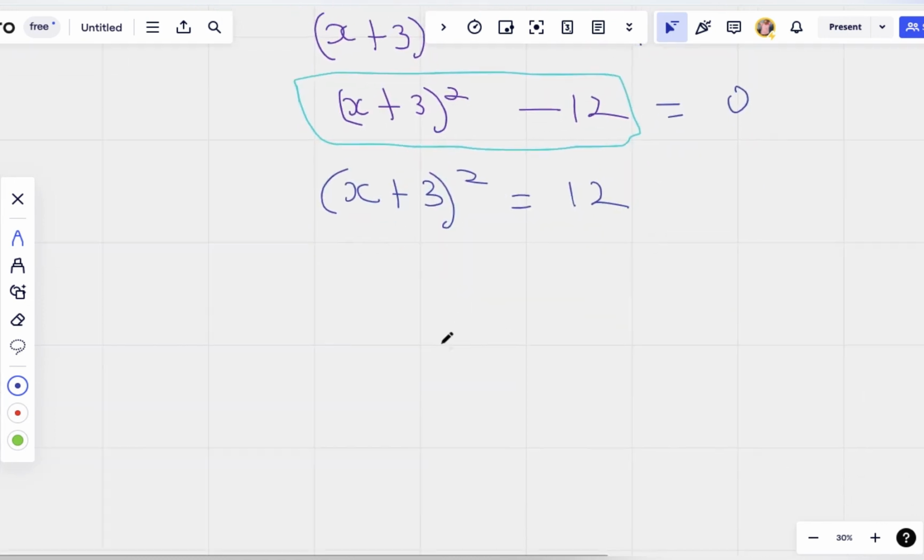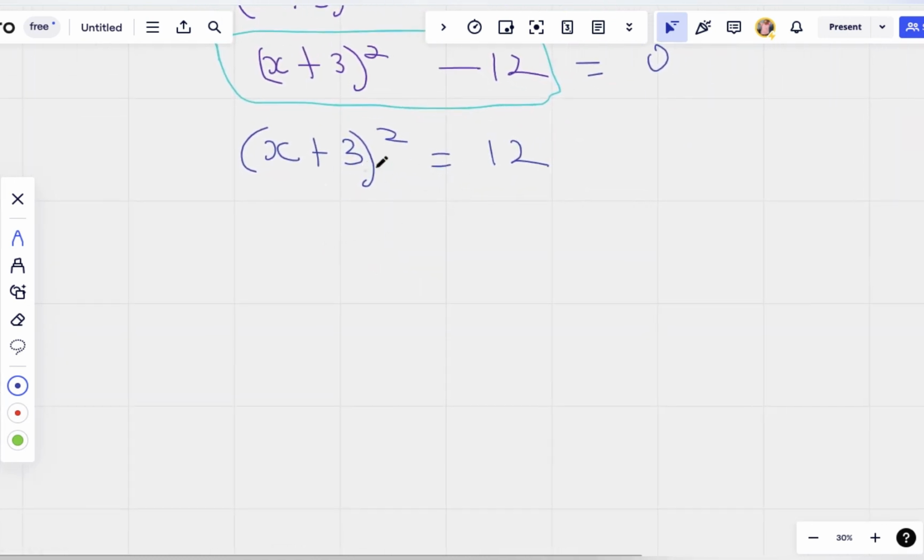And then the next thing to do is to take the square root of both sides. Why are we taking the square root of both sides? So that we can eliminate this square. Because if you don't take out this square and this bracket, you'll not be able to solve it.